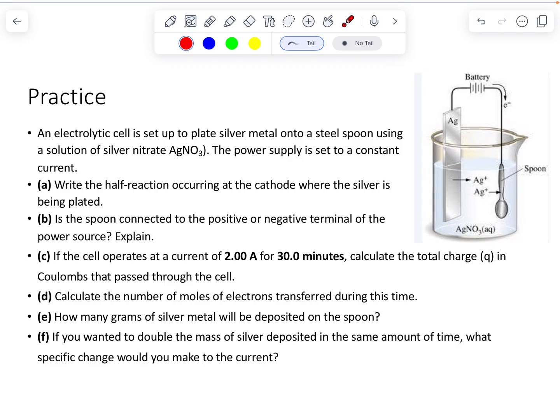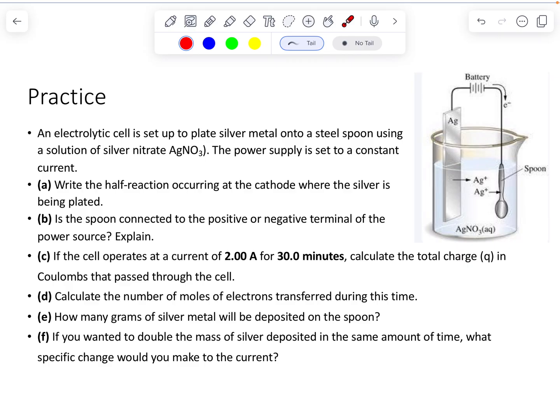So we're plating the silver on the steel spoon. So the steel spoon is what is getting plated. What's happening here is we're losing electrons from the silver. We have a silver electrode. That silver is turning into silver ions, and then those silver ions are plating onto the spoon.